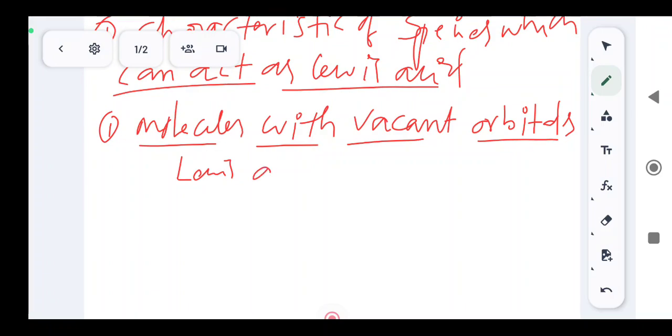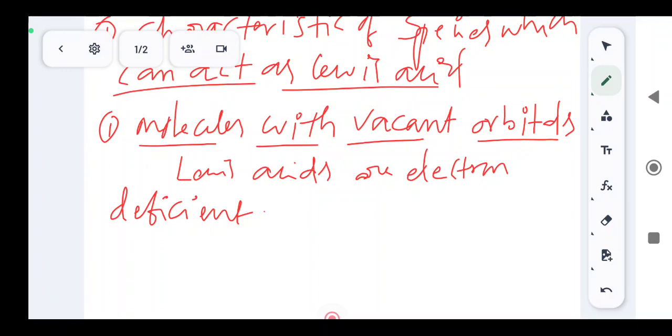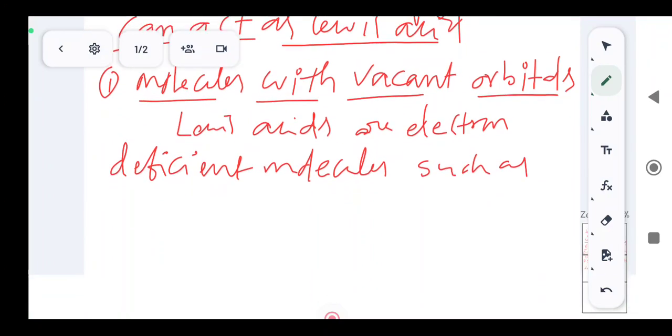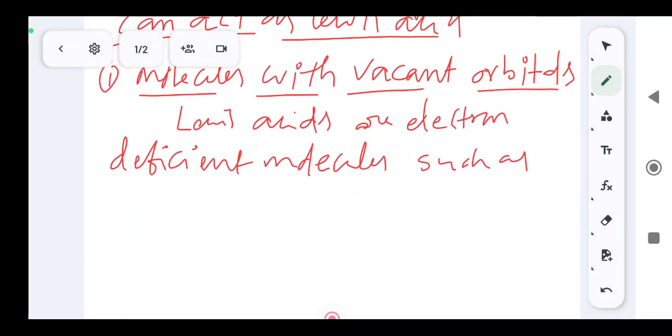Example, Lewis acids are electron deficient molecules. What is an electron deficient molecule? One having a vacant orbital, such as BF3, AlCl3, gallium trichloride.